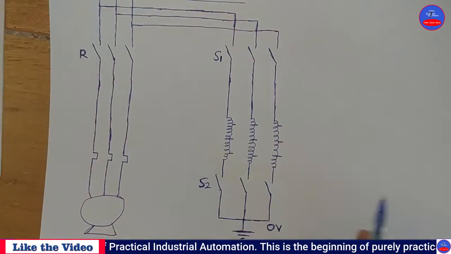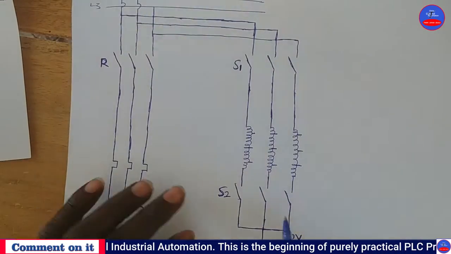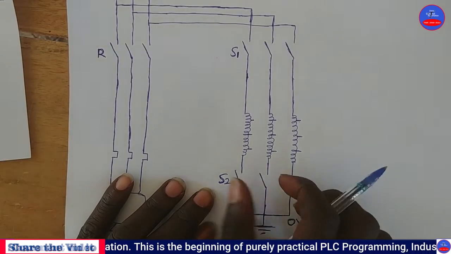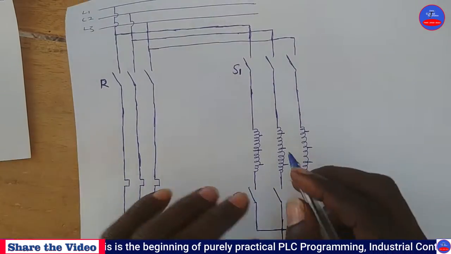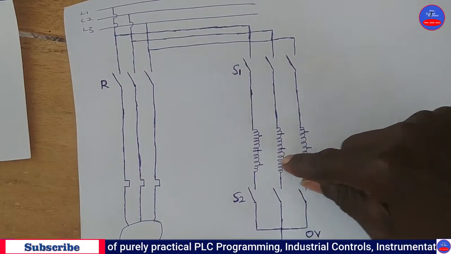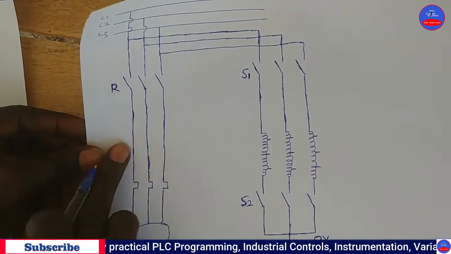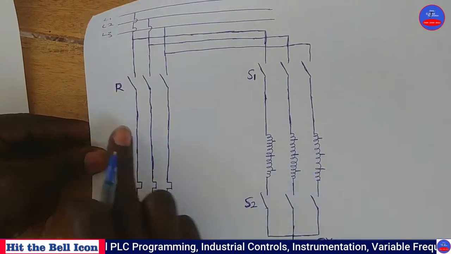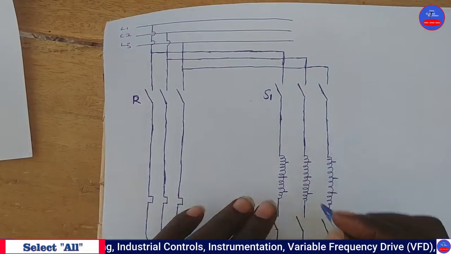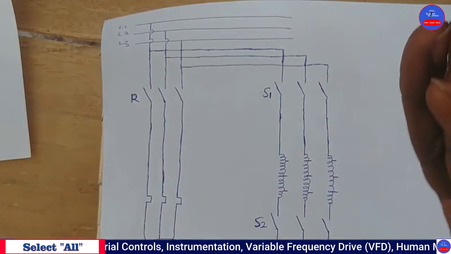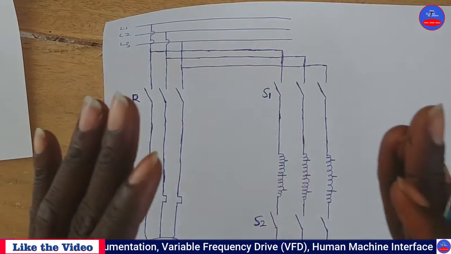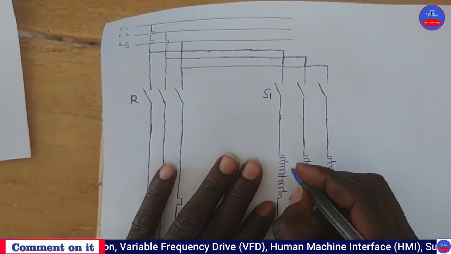So now let's see here. These contacts are here. They will start this one. Now we are going to tap from the primary windings to the motor. We are going to tap from here to the motor. That's how it's going to be. I told you that on autotransformers we normally use 65%, the middle one.